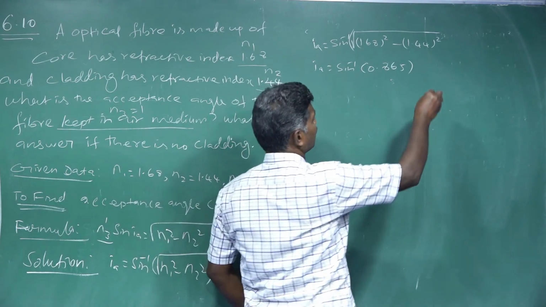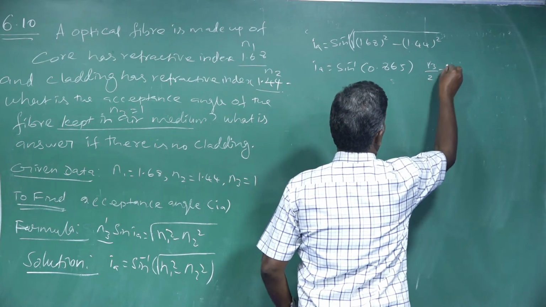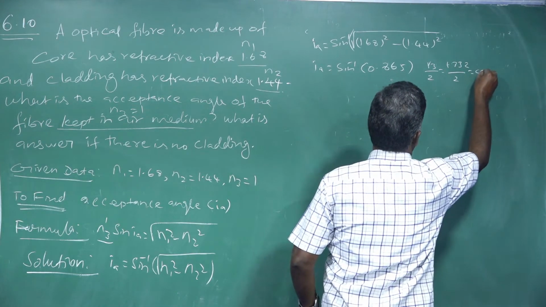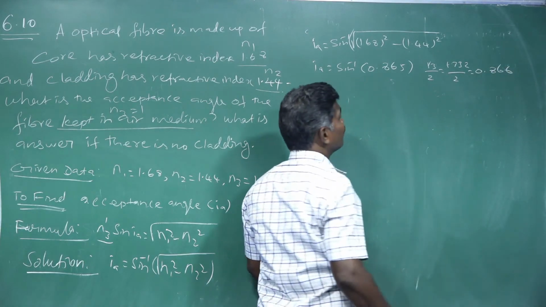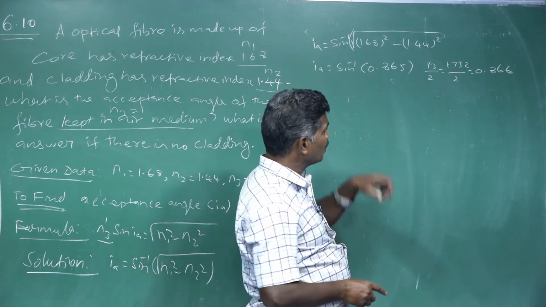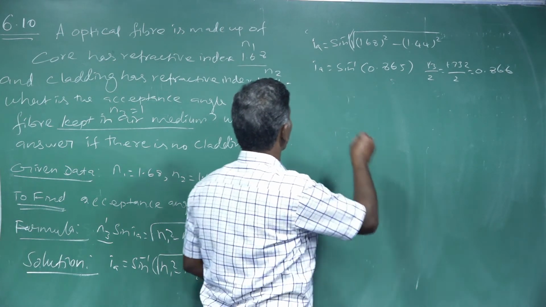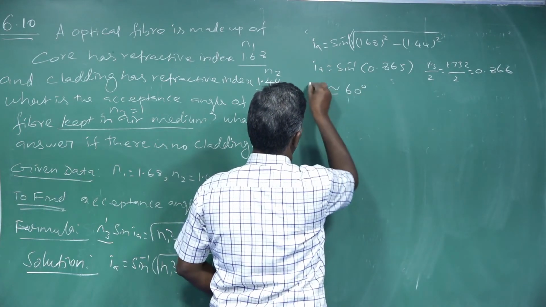We know that root 3 by 2 equals 1.732 divided by 2, almost 0.866. Sin of which angle gives root 3 by 2? That is 60 degrees. That's why here IA is almost equal to 60 degrees.